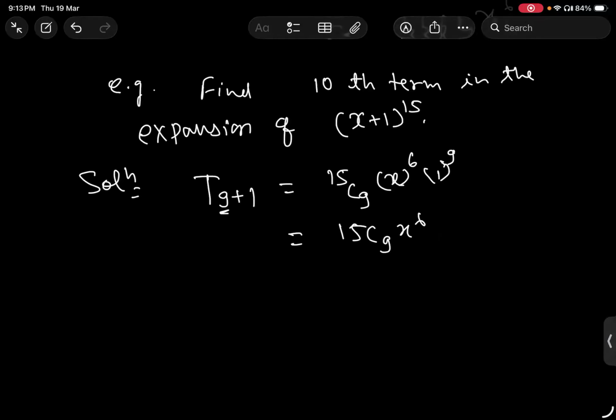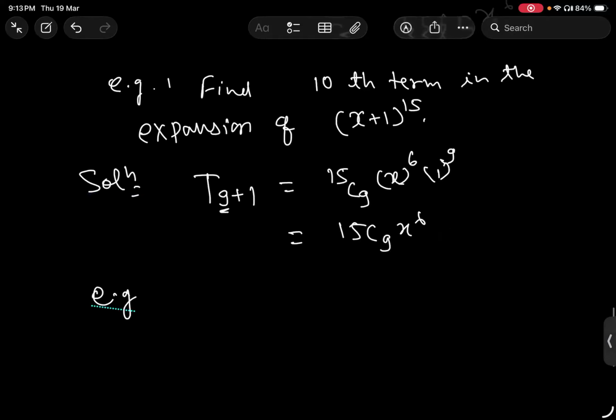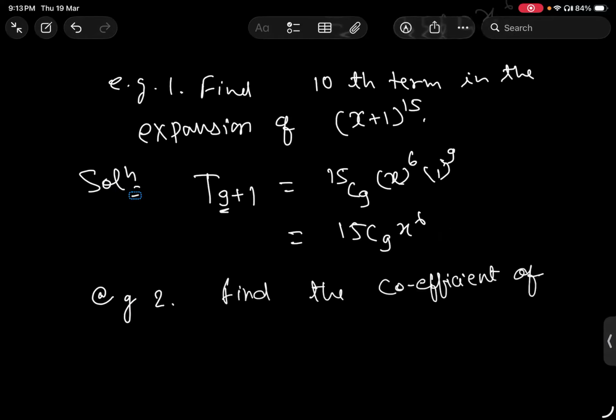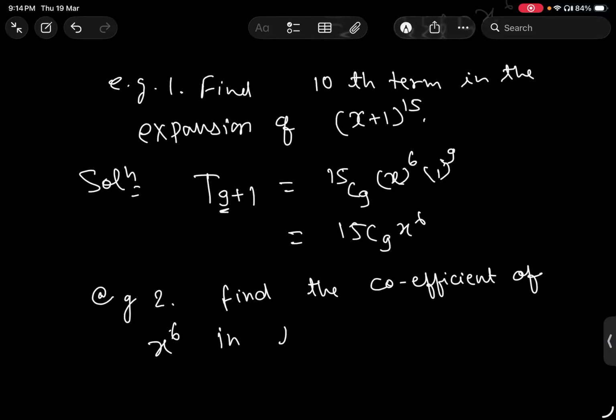And also, let us take another example. Find the coefficient of x to the power 6 in the expansion of (2x - 3) to the power 10.